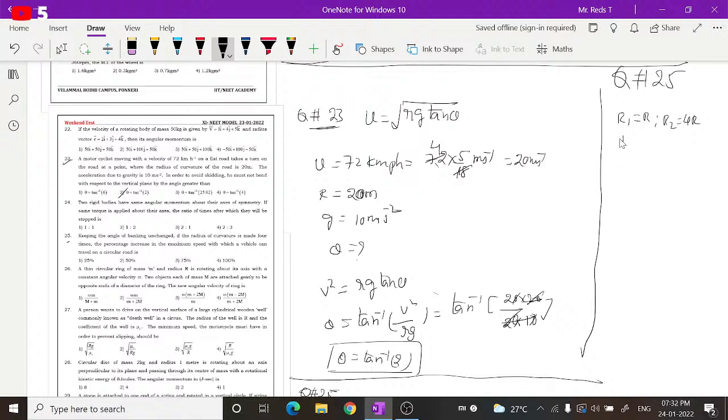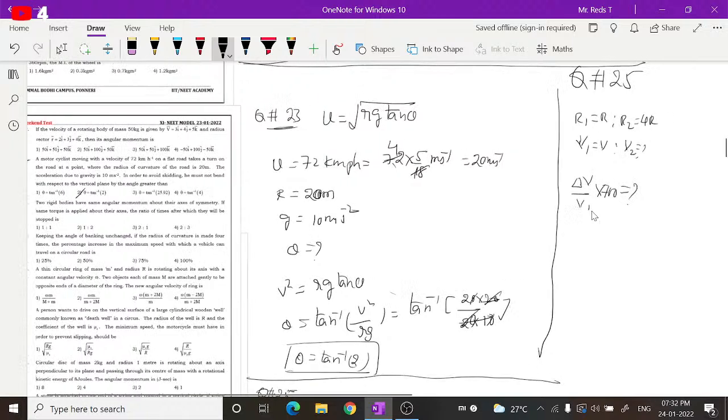So when r1 is r, v1 is v. If this becomes 4r, what should be v2, and hence the percentage increase in maximum speed with which the vehicle can travel on the circular road. Percentage change in v, delta v by v1 into 100, is equal to what is the question.